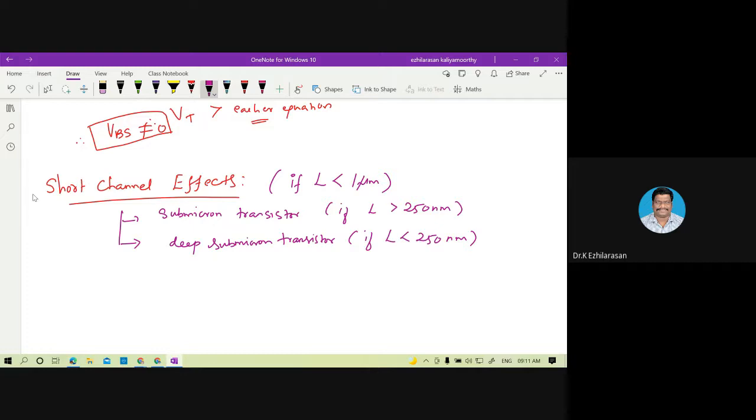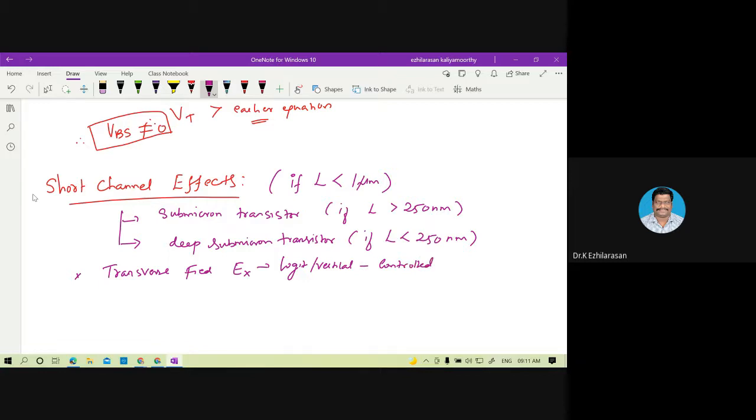The first, a very important term, is the transverse field, which I can call EX, that is the vertical field.